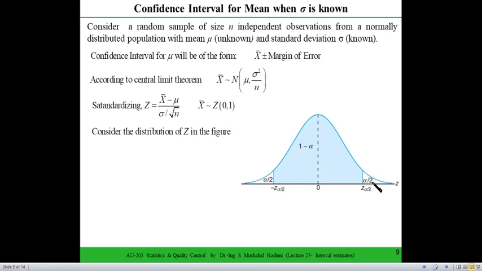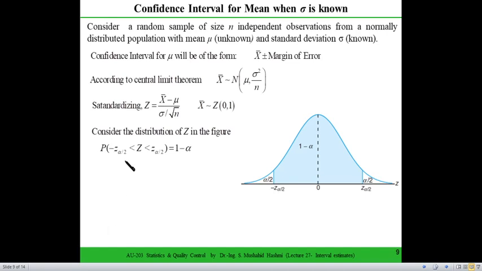This would be alpha by 2, so 0.05 over 2, which is 0.025 and 0.025. If you sum up that area, it would be 5%. The corresponding value of Z for this would define your margin of error, and we will see how.